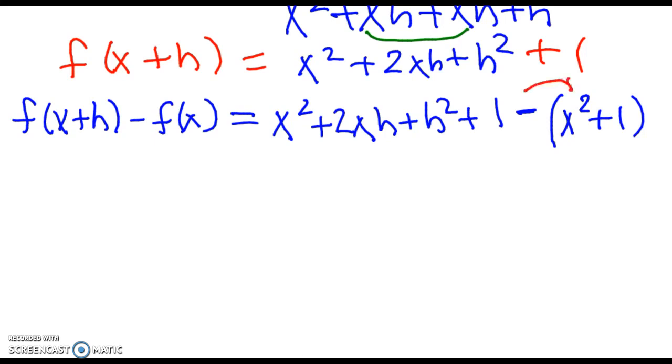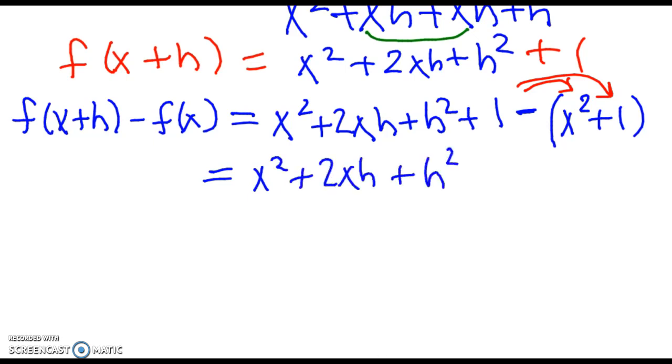Don't forget to distribute. So then this equals x squared plus 2xh plus h squared plus 1. A negative 1 times a 1x squared is a negative x squared. And a negative times a positive 1 is a negative 1.